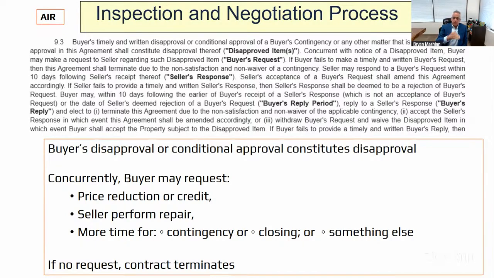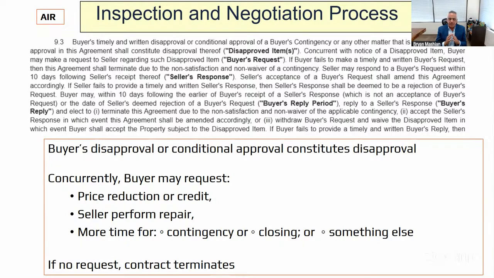So quite a few of the contingencies do not even begin to run until the seller does something. I just want to clarify that it's not the situation where all of a sudden the buyer wakes up and the contingencies are over. It doesn't happen that way.